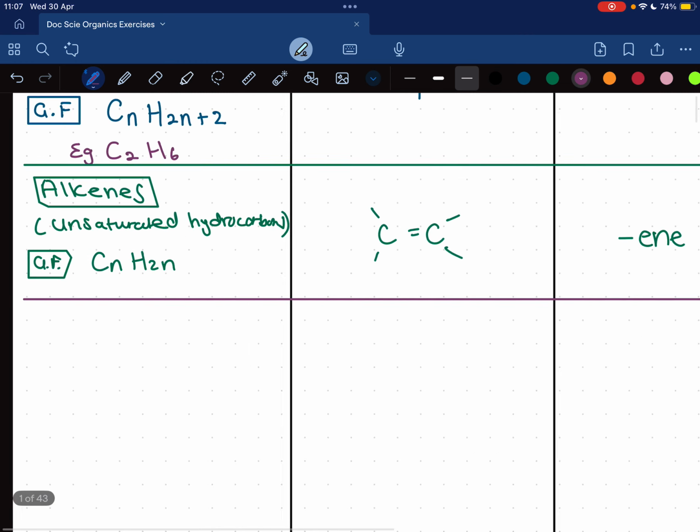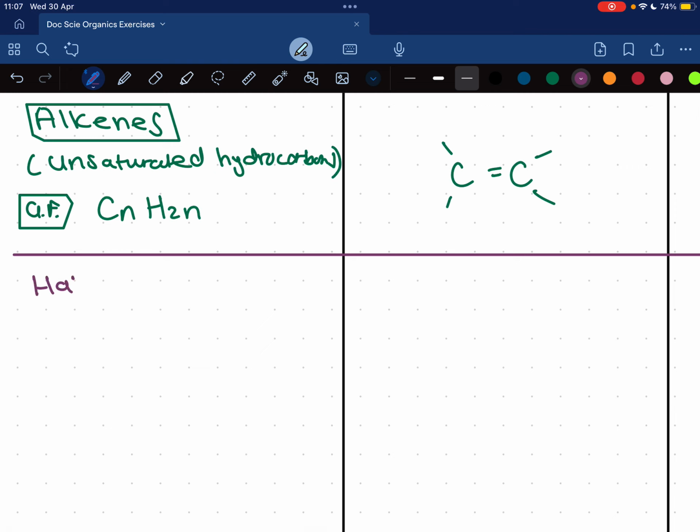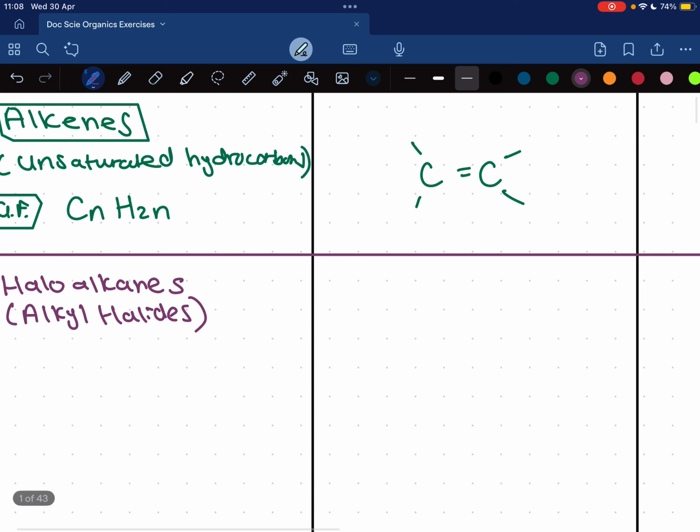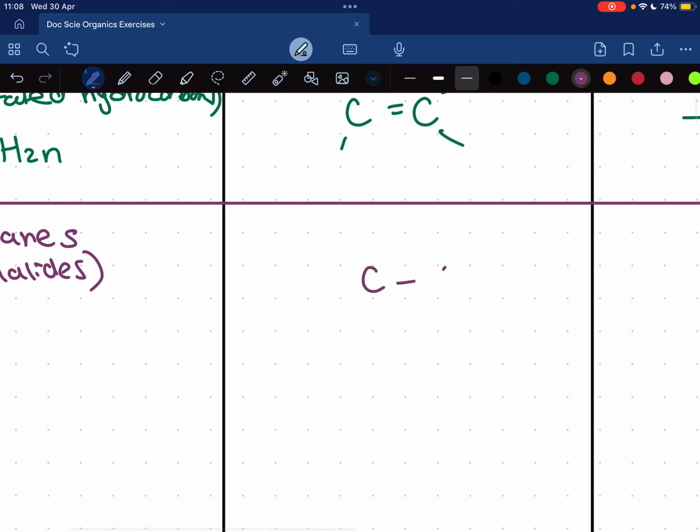Then the next one that we looked at were the haloalkanes. These are also referred to as alkyl halides. For a haloalkane, we don't really look at a general formula, but we do understand that the functional group is C bonded with an X, where X is a halogen.